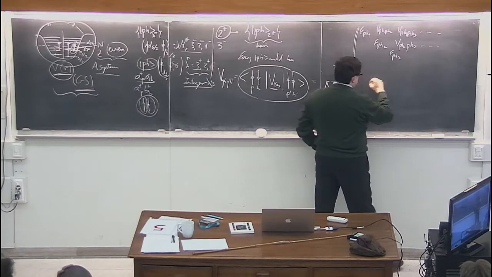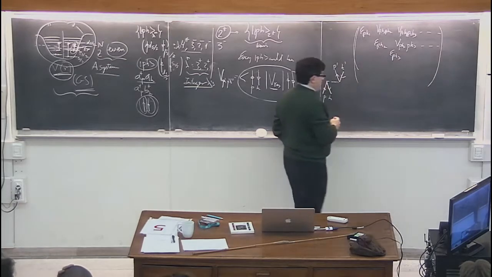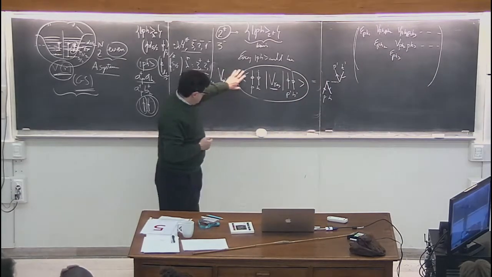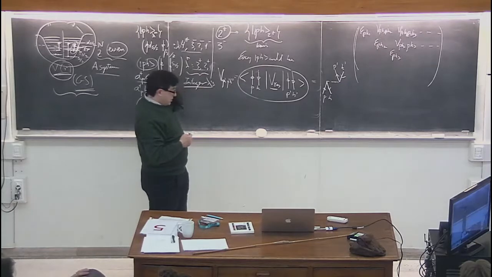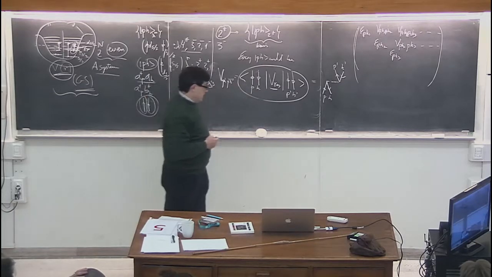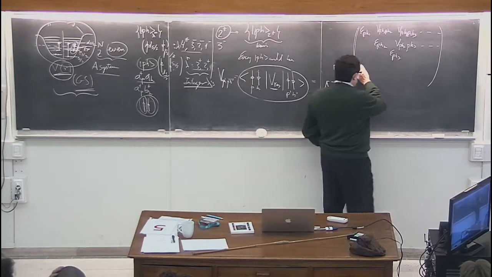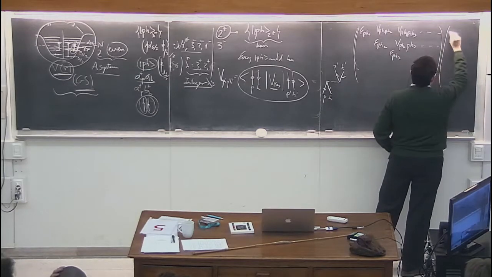We can construct this Hamiltonian matrix, taking into account all these matrix elements due to the residual interaction, and then diagonalize, or solve the eigenvalue problem.